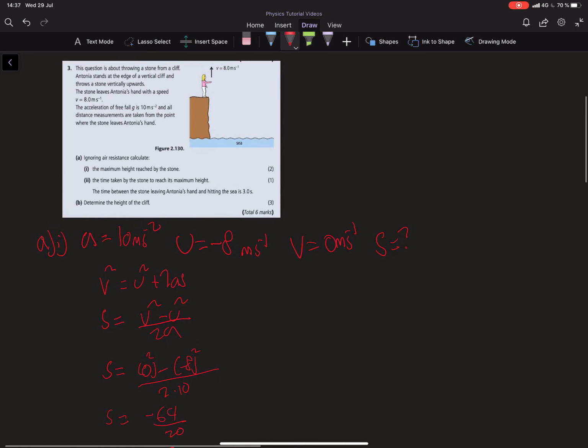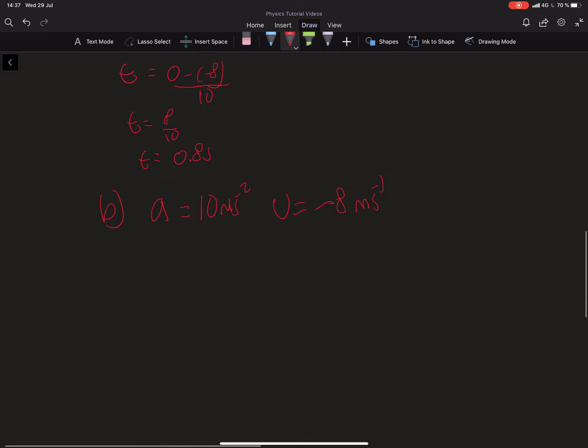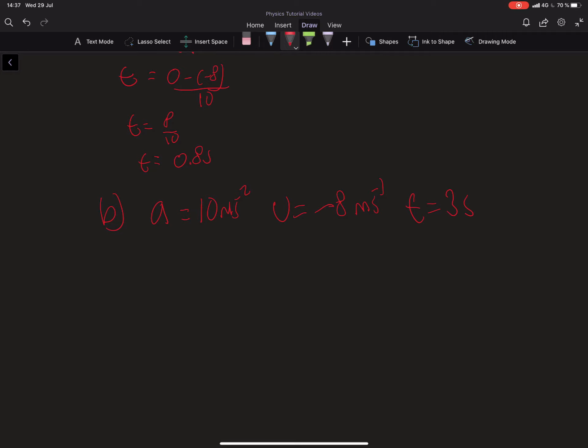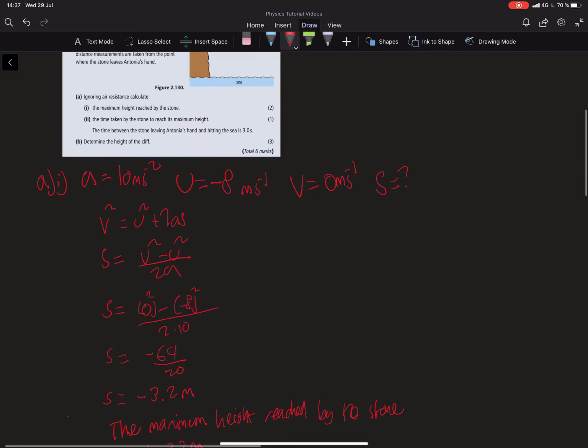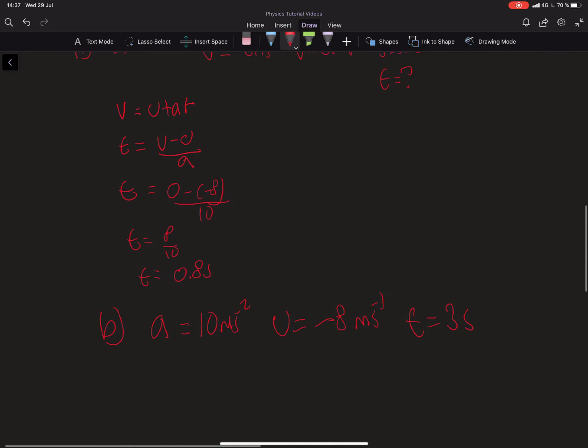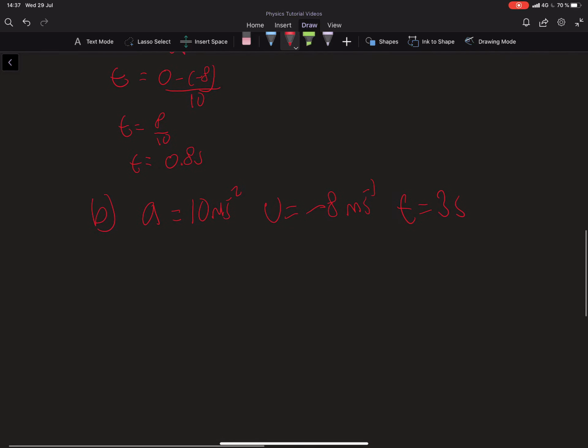Oh, and there's a piece of information here that I didn't read. The time between the stone leaving Antonia's hand and hitting the sea is 3 seconds. Okay, so we're also given the time. The time is 3 seconds. And we want the height of the cliff. So again, we want the displacement s.